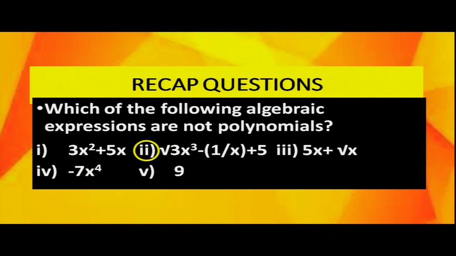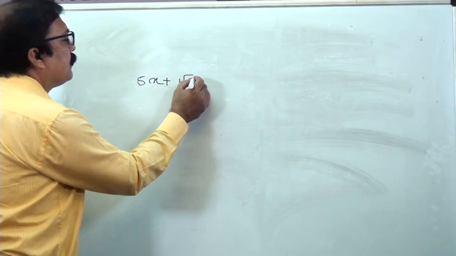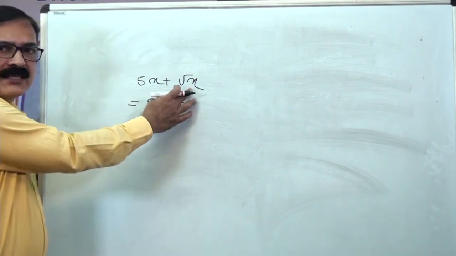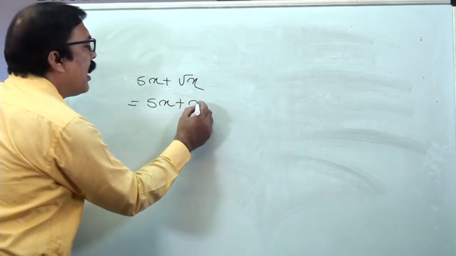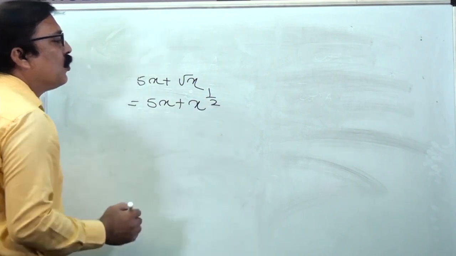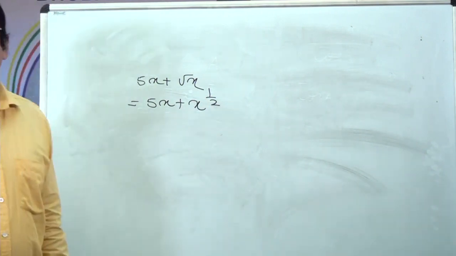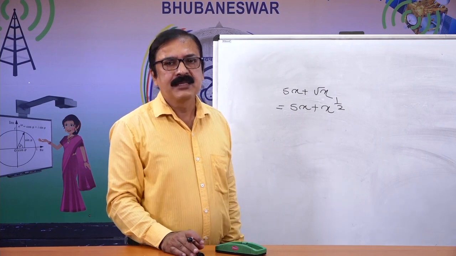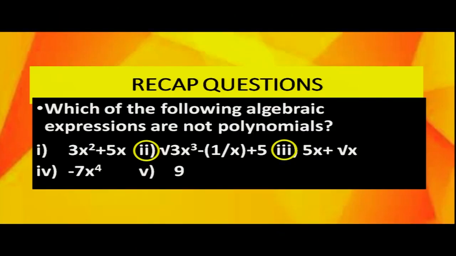Now see the third one, 5x plus root x. Root x can be written as x to the power 1 by 2. Is 1 by 2 an integer? Definitely it is not. Then we can say 5x plus root x is not a polynomial.